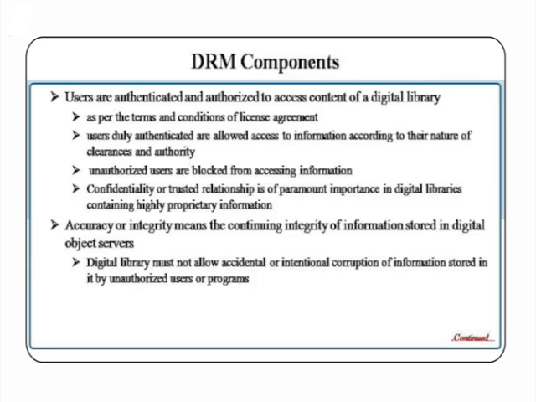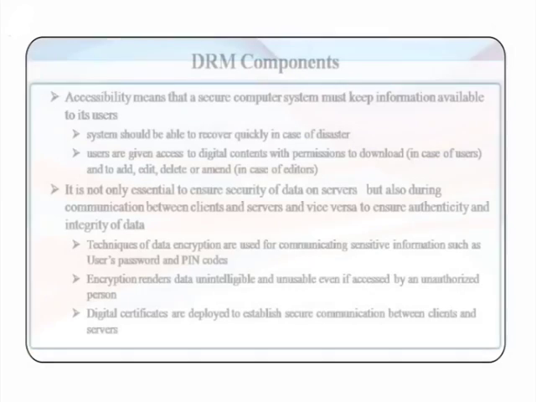Confidentiality or trusted relationship is of paramount importance in digital libraries containing highly proprietary information. Accuracy or integrity means the continuing integrity of information stored in the digital object server. A digital library must not allow accidental or intentional corruption of information that is stored in it by unauthorized users or programs.